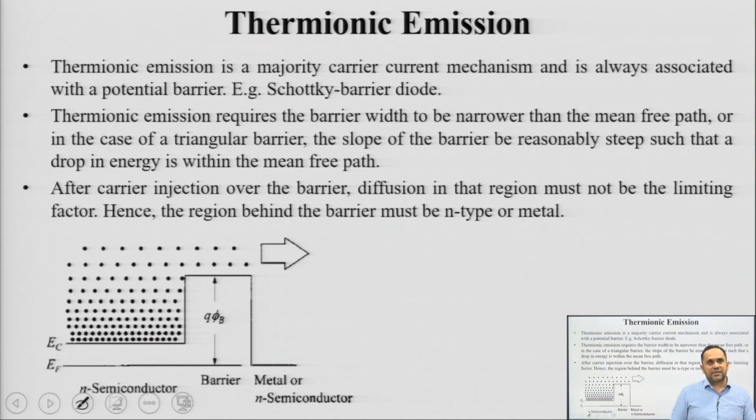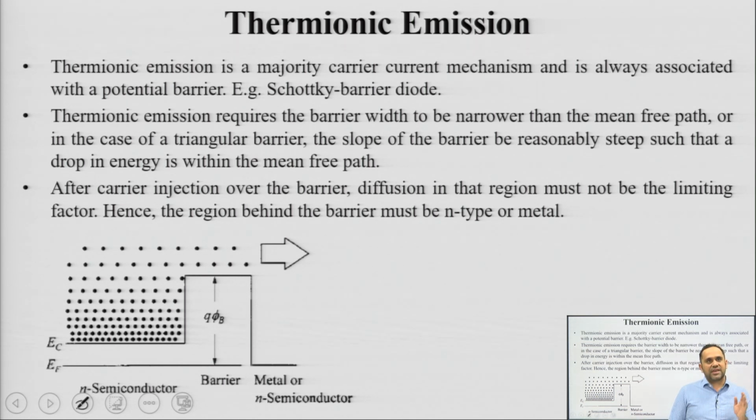This carrier current mechanism is related to majority charge carriers, so electrons in n type, holes in p type, and it is always associated with a potential barrier. Say for example, a Schottky condition where you have a metal semiconductor interface. In devices where these kinds of interfaces exist, like between a metal and a semiconductor, you can have thermionic emission. Such a mechanism requires the barrier width to be very narrow.